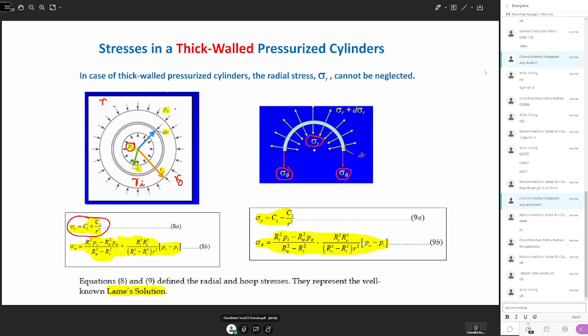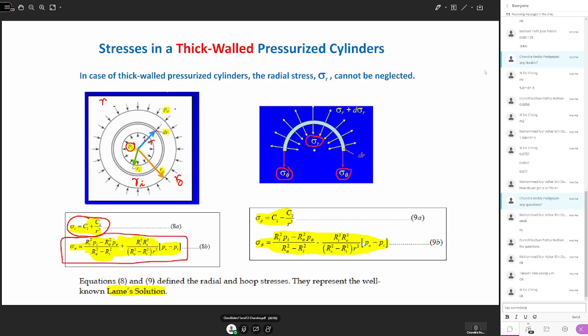Here you are referring to r, any point within the cylinder, at a distance r from the center of the thick wall cylinder. The radial stress sigma r can be written as C1 plus C2 over r square. This one we can also write in terms of this formula.